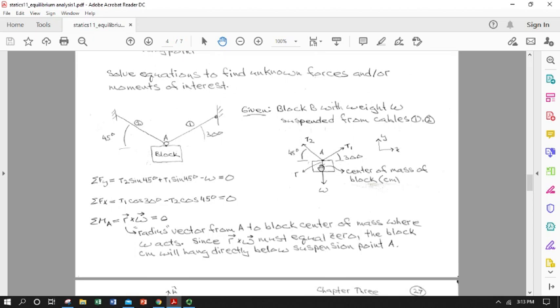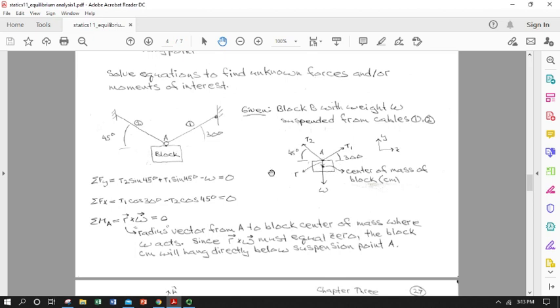The block's got a certain weight, acting at the center of mass of the block, and we're going to assume from the way our schematic was drawn that A is coincident with the center of mass. So those are in line basically. So we can use some trig. Let's check. We've got all the forces, weight of the block, tension, they're drawn in the right place.